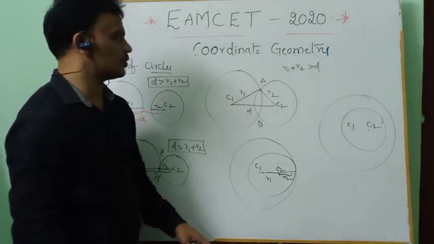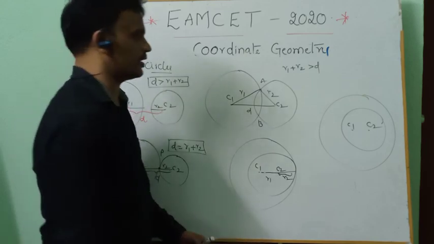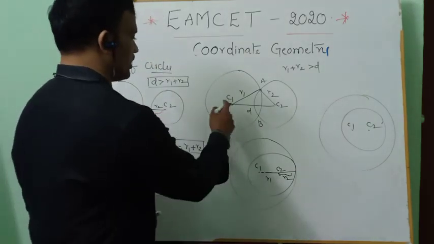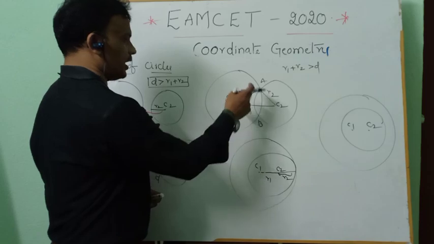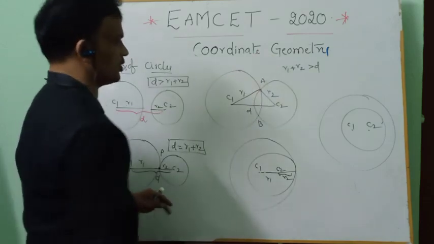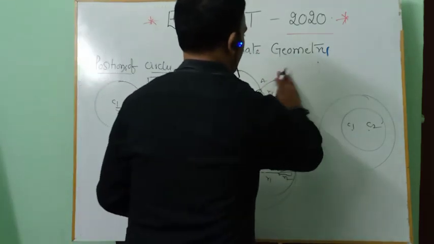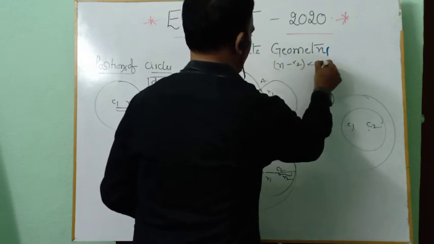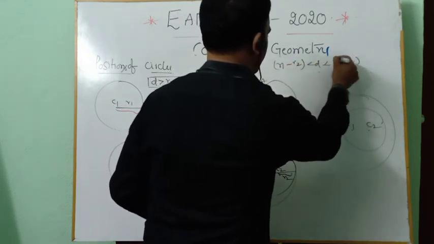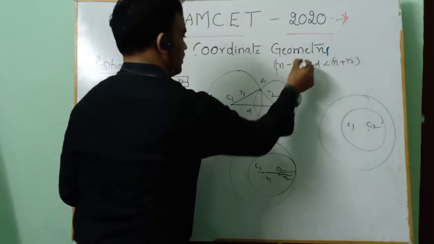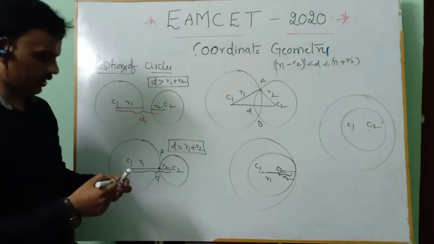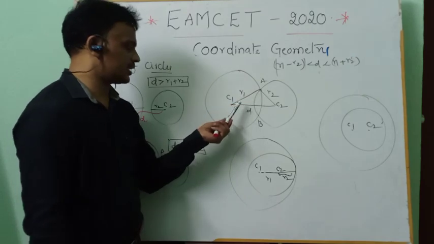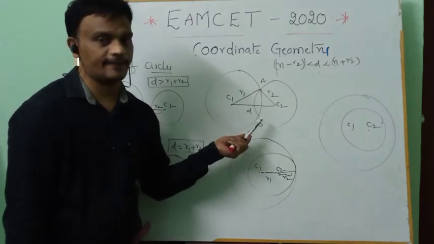And the difference of any two sides is less than the third side. R1 minus R2 is less than D, and D is less than R1 plus R2. So R1 minus R2 is less than D, which is less than R1 plus R2. This will be the condition for the two circles to intersect.